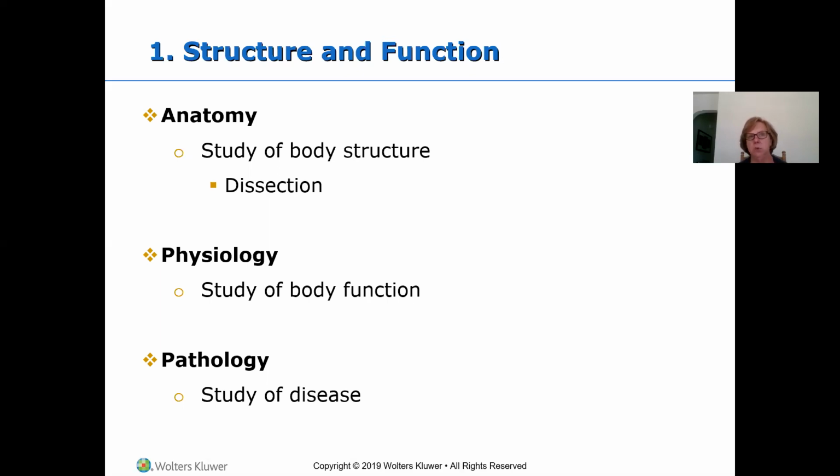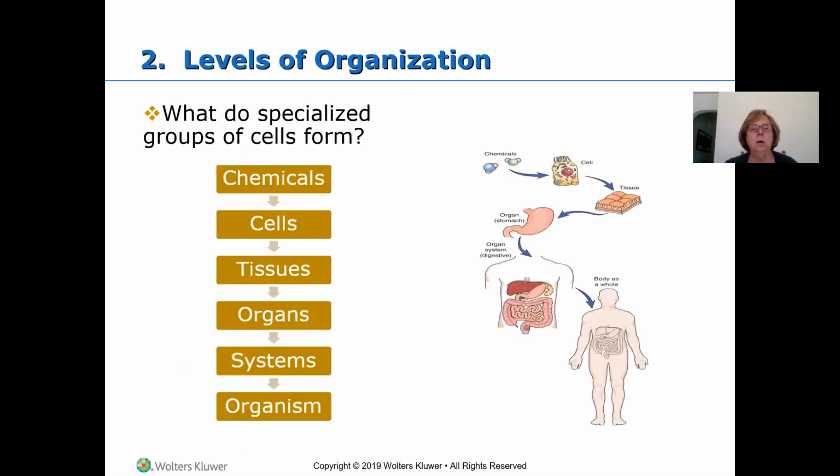How do all of those organs and organ systems function and become integrated to make up the whole of the organism? Pathology, of course, is the study of diseases which are equated with each one of those systems, as well as the organs when they fail.